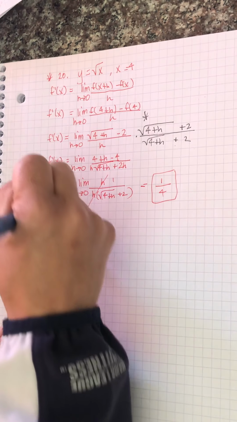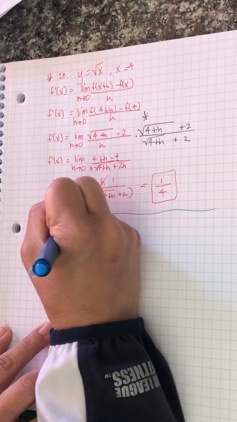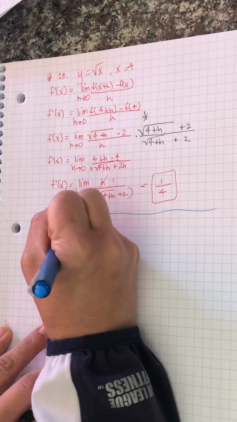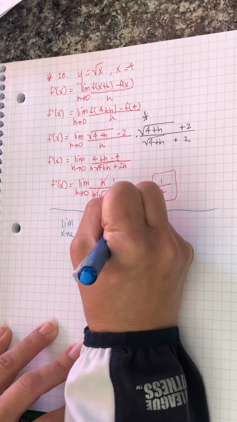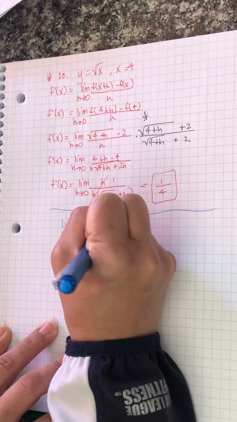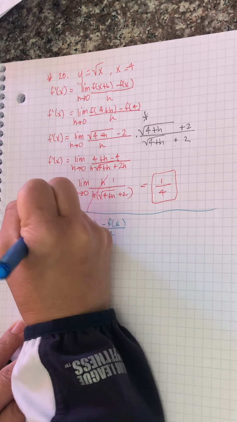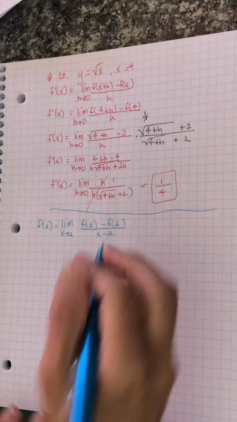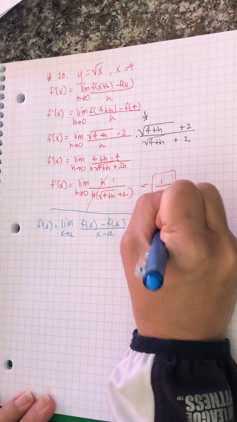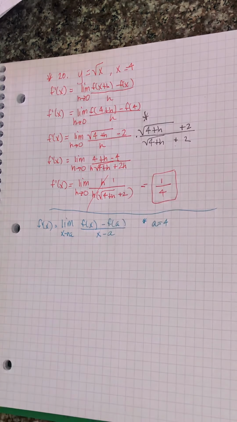Still okay. So the other way you can do this is you can say the limit as x approaches a of f of x minus f of a all over x minus a. And I forgot f prime. So here's where you have to be careful. Your x that is 4 now becomes a is 4. Don't let the variables mess you up. So my specific value of a is 4.